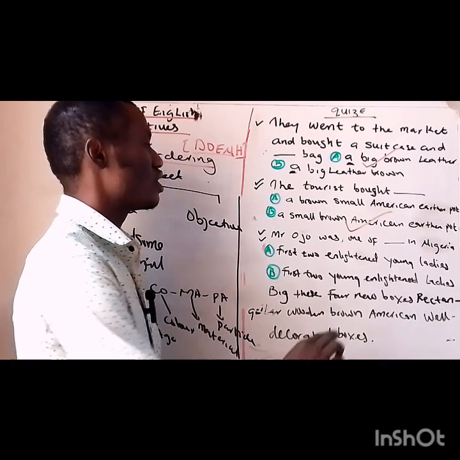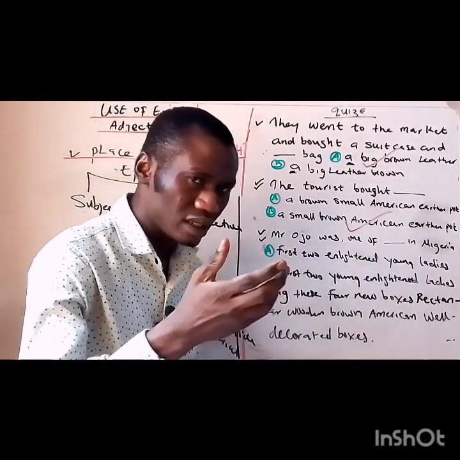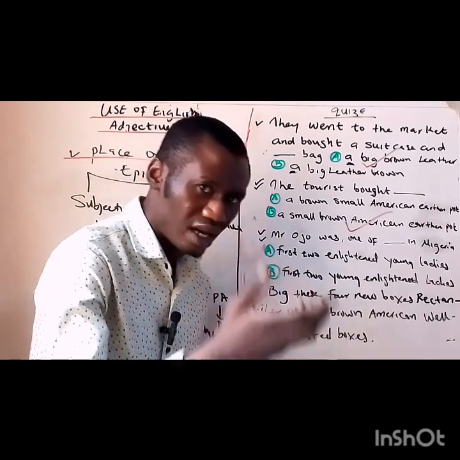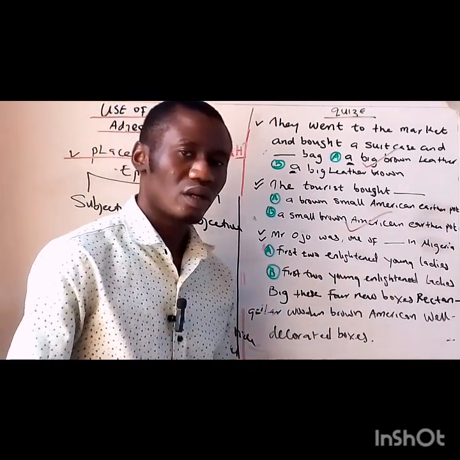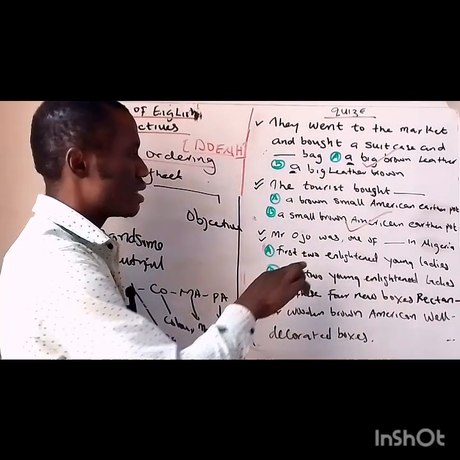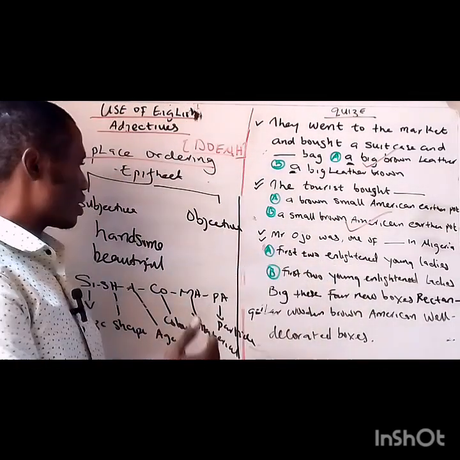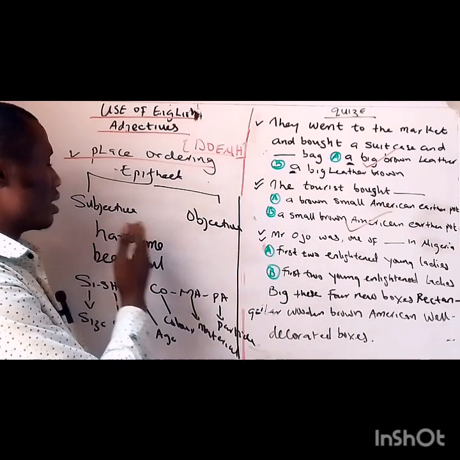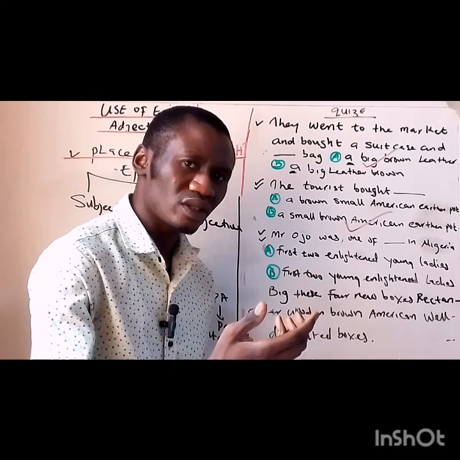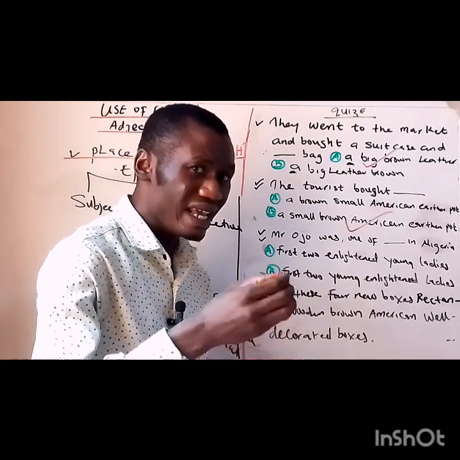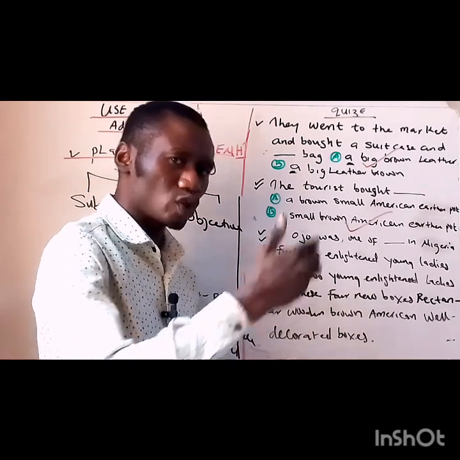But if you say enlightened, all right, he is educated, he went to school, he's a graduate, maybe BSc or professor or PhD, wherever, he is a graduate. Now, it is the enlightened that should come first, because that is under the objective case, okay? Because it cannot be changed, so that should come first.